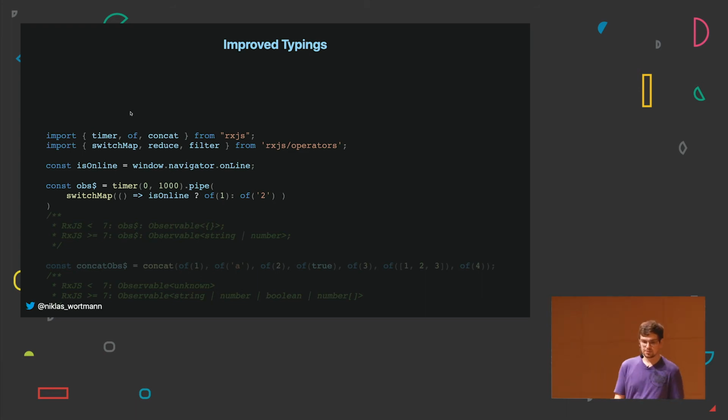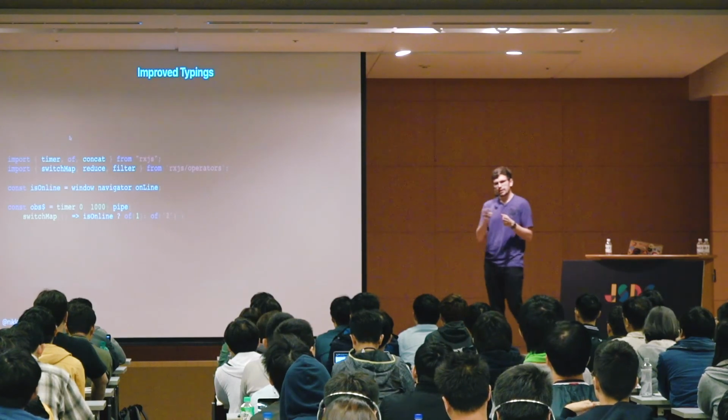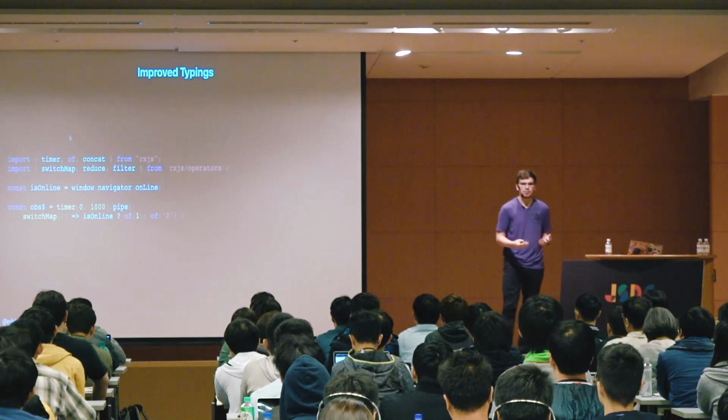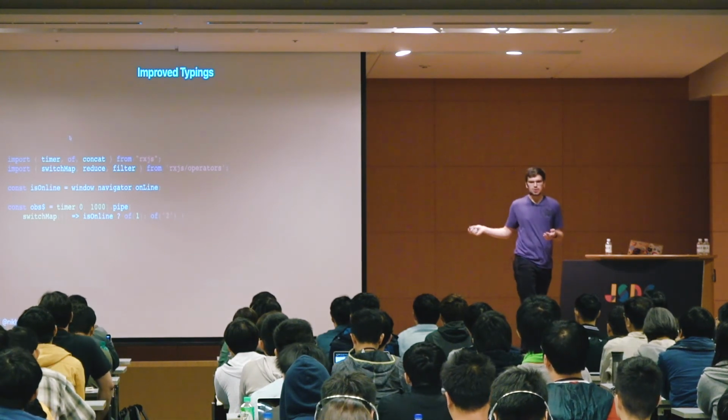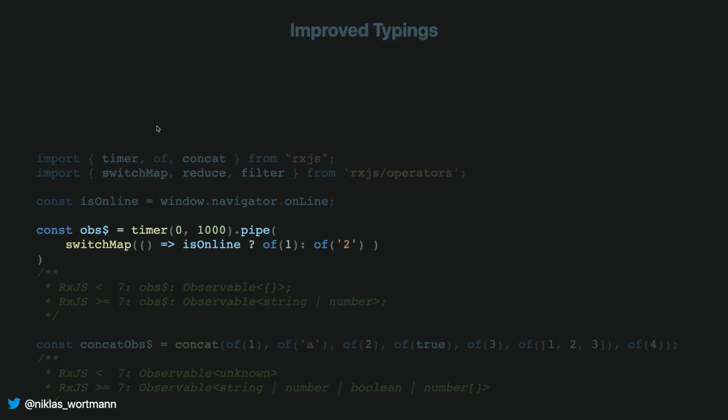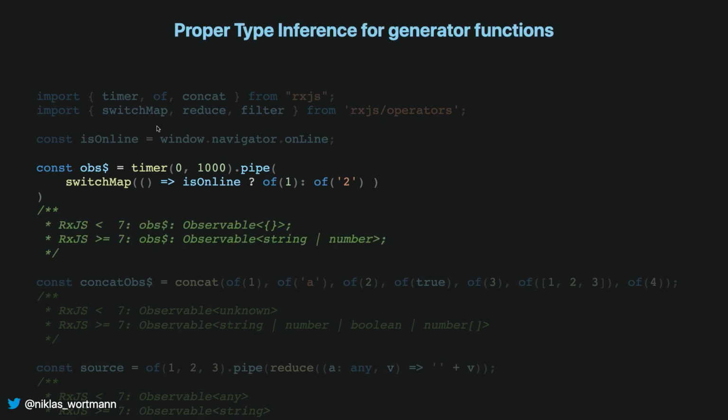But actually TypeScript is able to infer this snippet as saying it's either an observable of string or an observable of number. And with 6.4, I think it was, we introduced that for switchMap. With RxJS 7, we want to introduce it for all operators taking an observable generator function. So before, it was just inferring an observable of object, which is pretty much not really helpful.